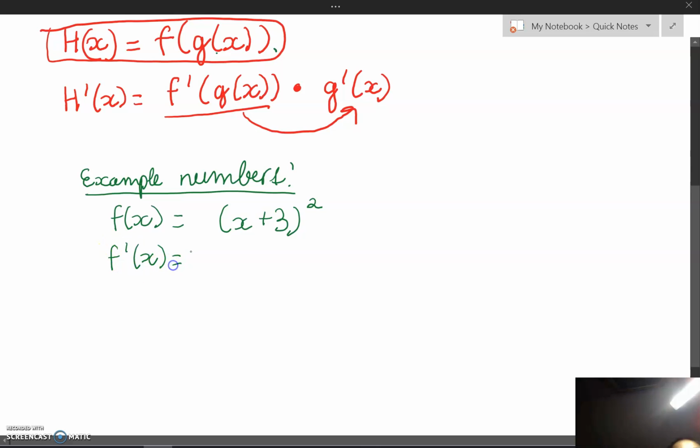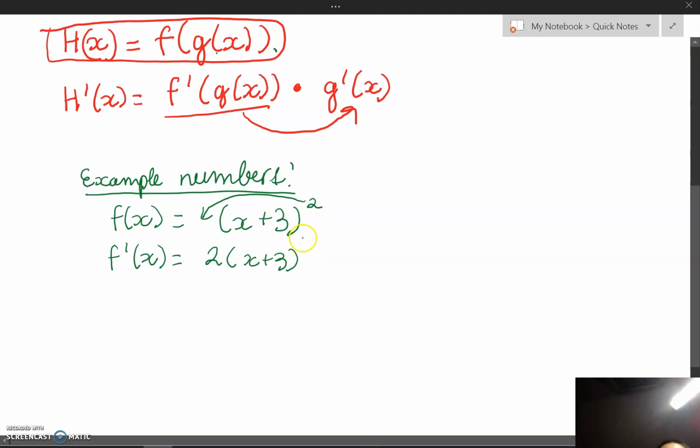The derivative of this is going to be f prime of x equal to, you treat this function like a power rule, so you bring down the 2. So it's going to be 2 times the parentheses stay the same. Let me rewrite that. x plus 3.